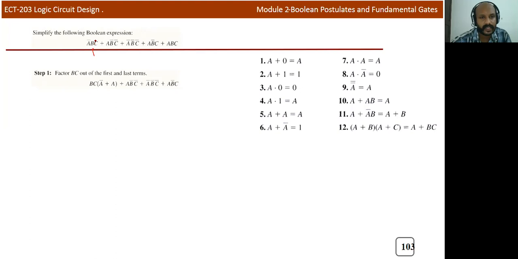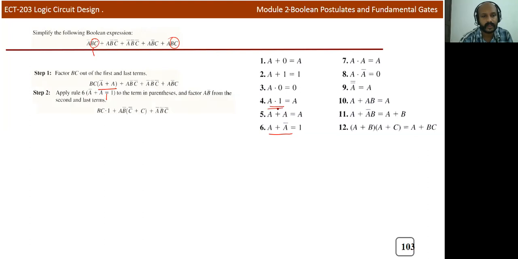So here you can take bc as a common term, here also bc. If you take it as common, the remaining term is a bar plus a. We know that a bar plus a is equal to 1. So you can replace it here with 1, so bc into 1.